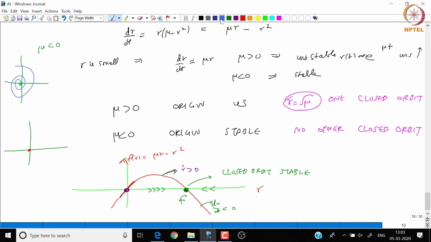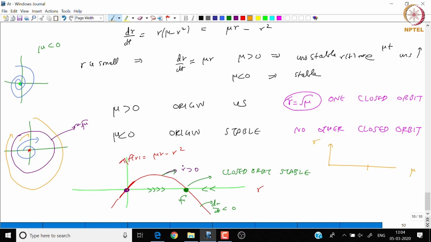So it spirals out, but there is another closed orbit at r equal to plus root mu, and this is stable. Any trajectory starting above it will come below and settle, anything starting below will come above and settle.